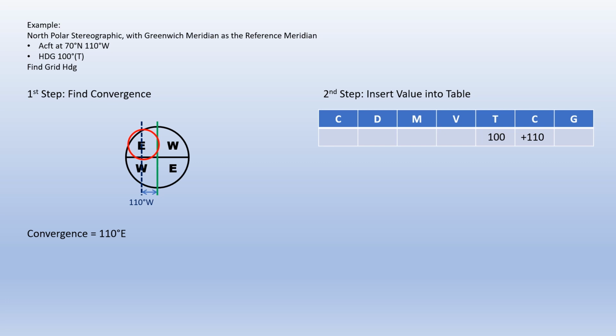Since we are calculating in the same direction as the general calculation direction, grid direction equals 100 plus 110, 210. Grid heading equals 210.